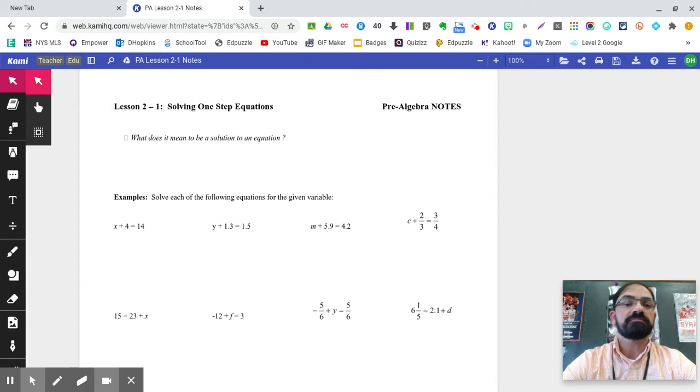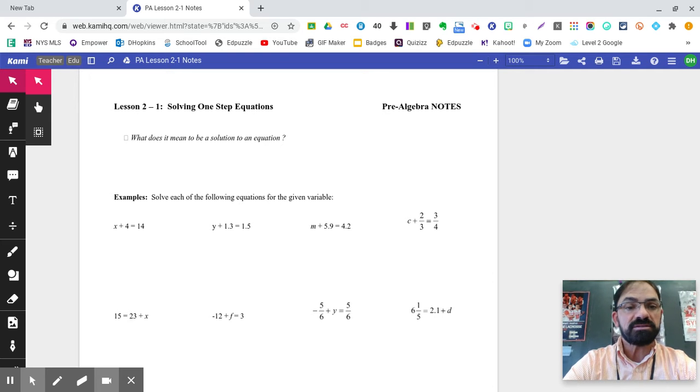So let's get started. It says, what does it mean to be a solution to an equation? Well, a lot of people tell me that it's the answer, but that doesn't really mean it's the solution. A solution makes an equation true. That's how we know it's an answer.